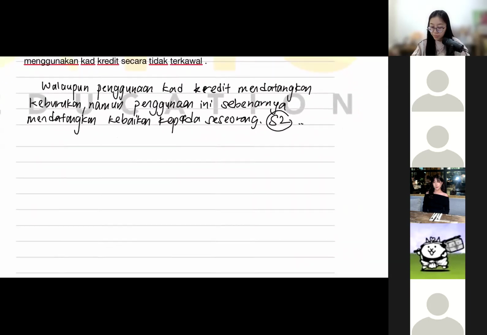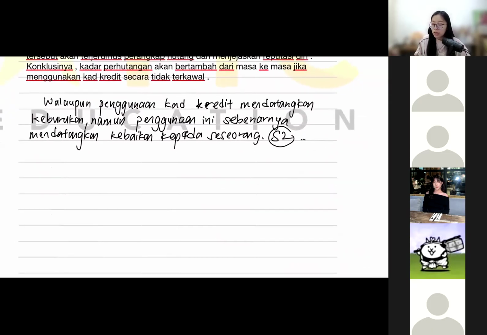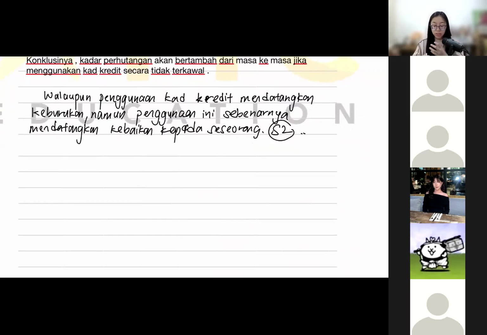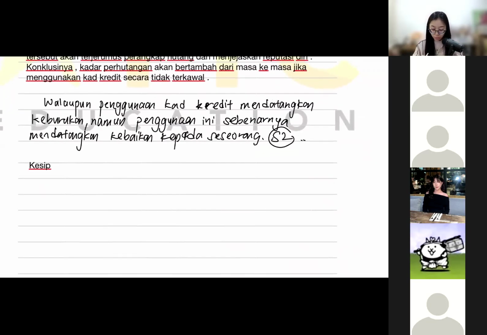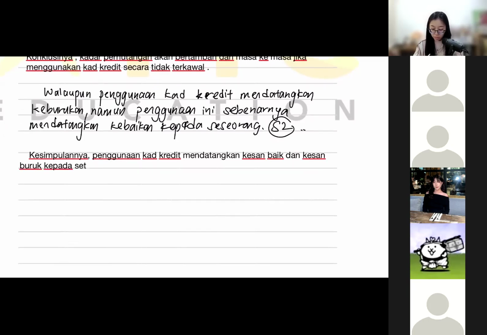Okay, we go for penutup. Now, penutup, we are using KCH. So, kesimpulan. Since the penggunaan kad kredit is bringing general kesan, so, you can say kesimpulannya. Penggunaan kad kredit mendatangkan kesan baik dan kesan buruk kepada setiap lapisan masyarakat.